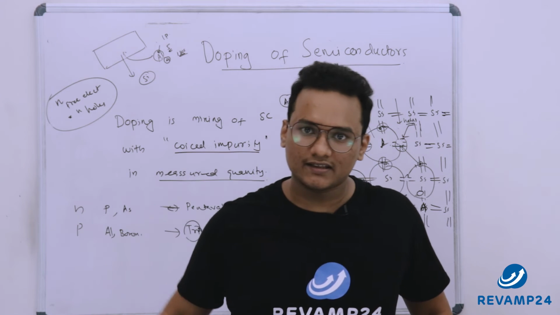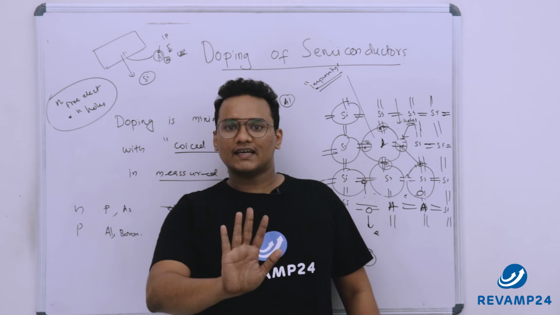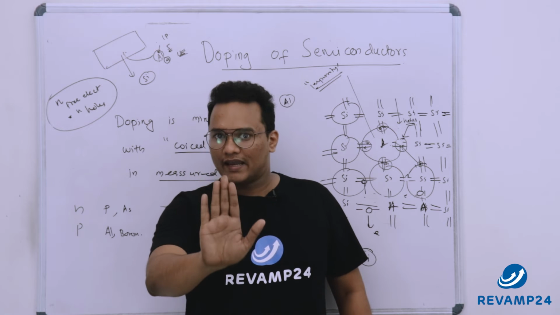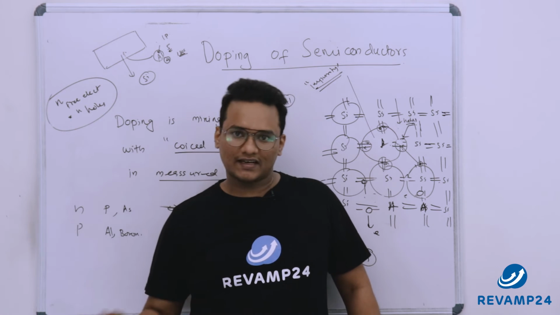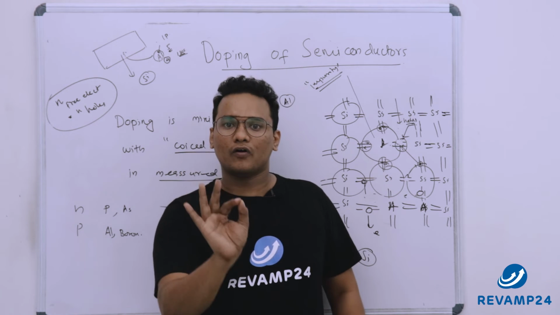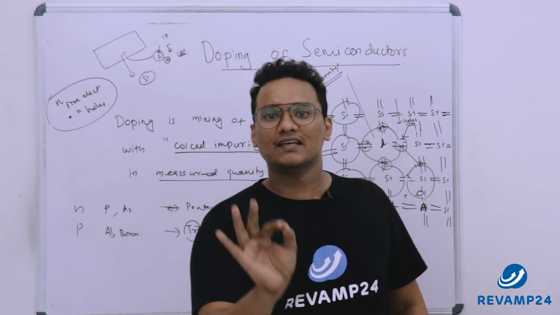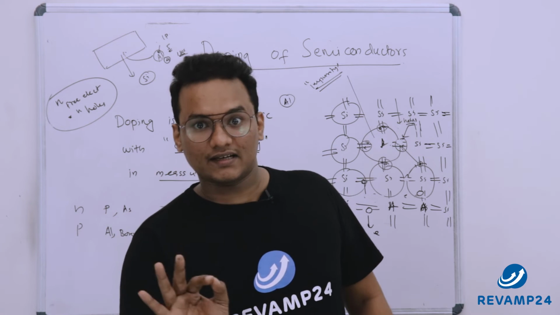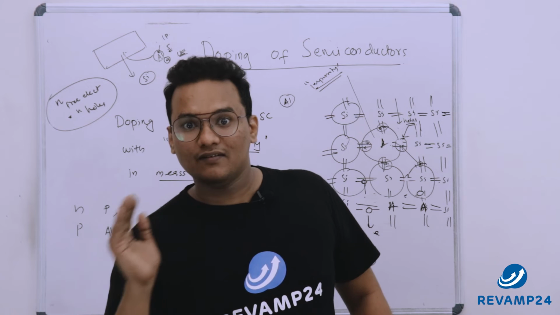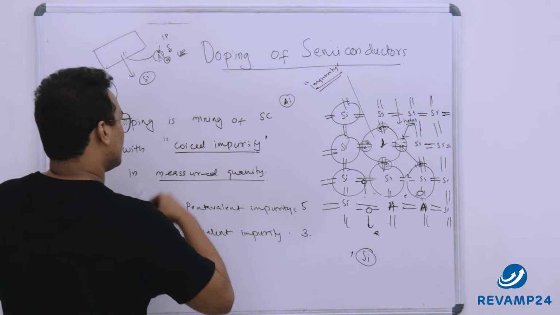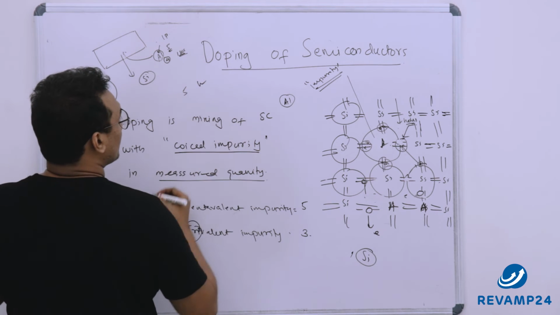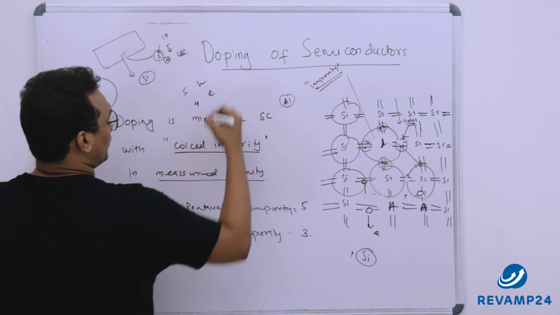So if you are calculating the total number of holes as, for example, 5, and the total number of free electrons as 4, which means that is a semiconductor added with trivalent impurity. See, 5 is the number of holes and 4 is the number of electrons.